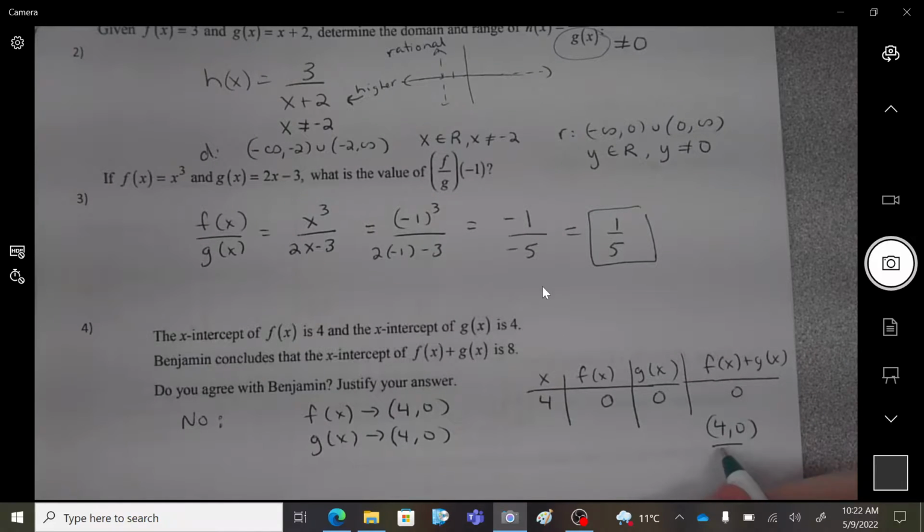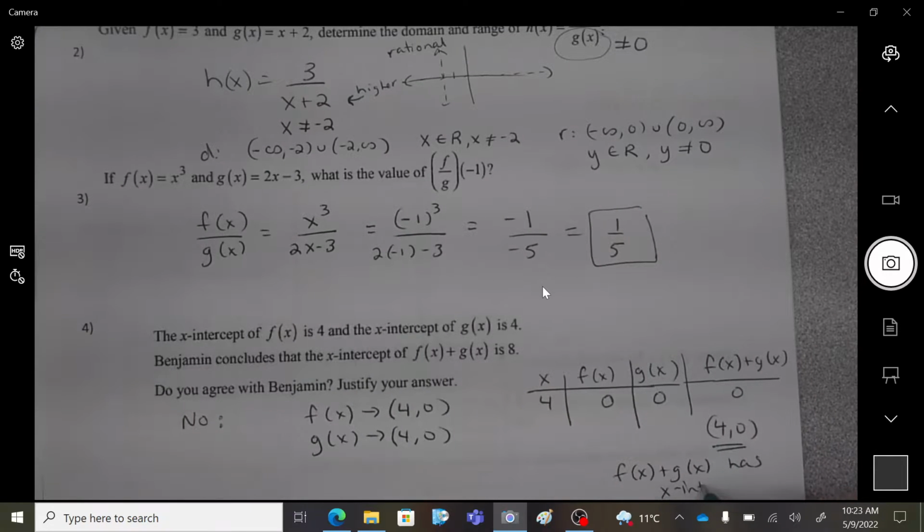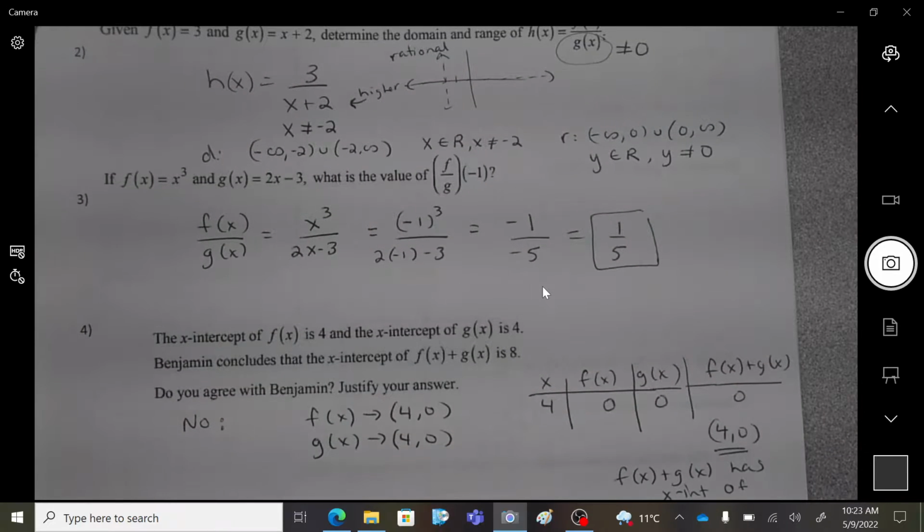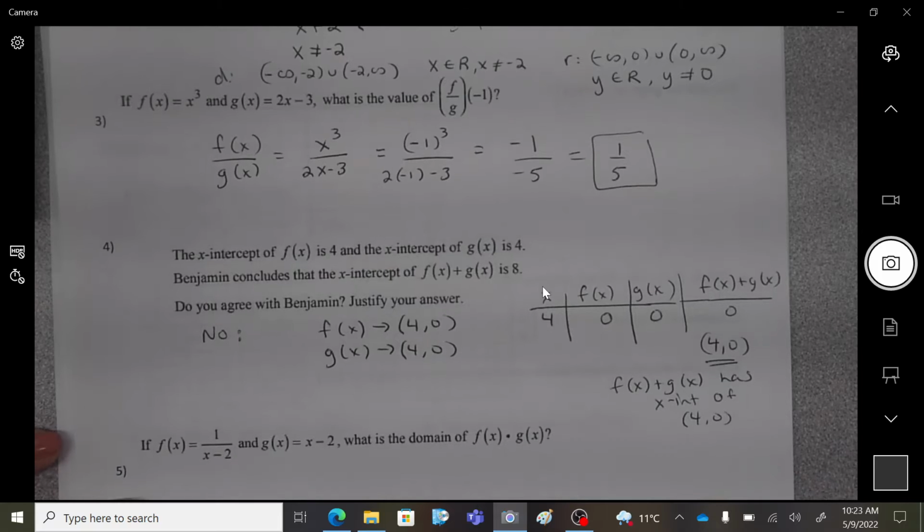So the f of x plus the g of x has an x-intercept of 4, 0. So Ben's mistake was he was adding the x instead of the y.